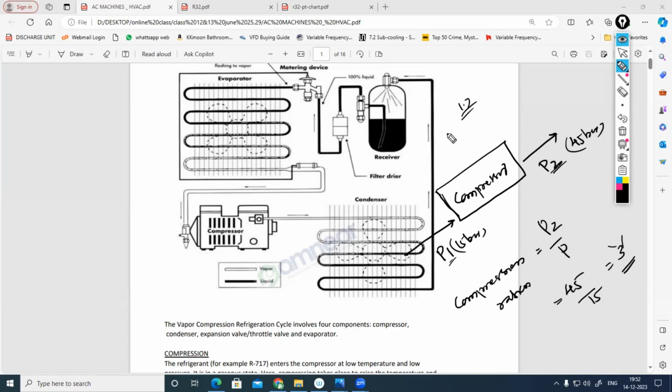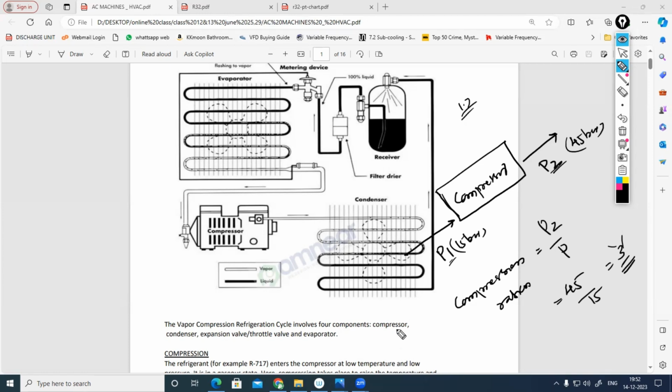Okay. It will vary. It is not constant. Clear? Okay. So anyhow, a higher compression ratio means a good system, with good thermal efficiency or compressor efficiency, or lower electrical consumption. That's the concept. Okay.